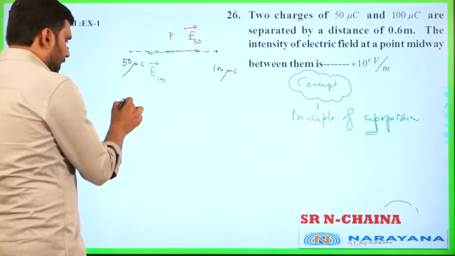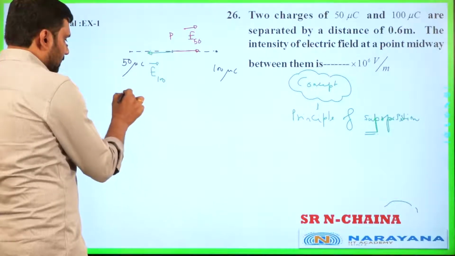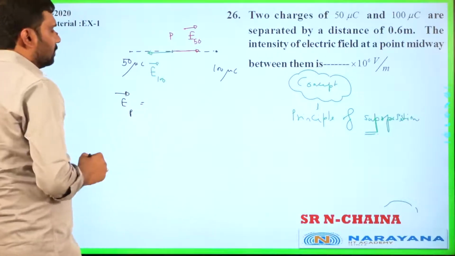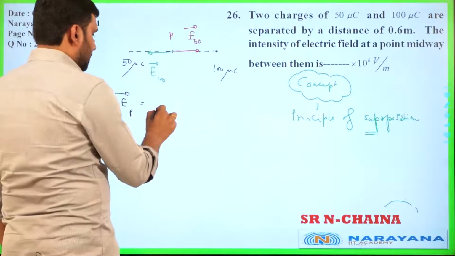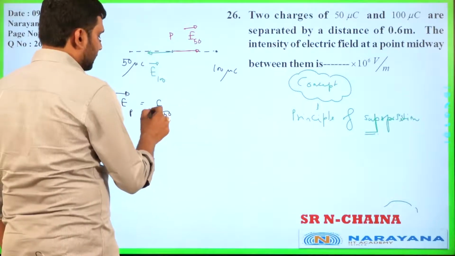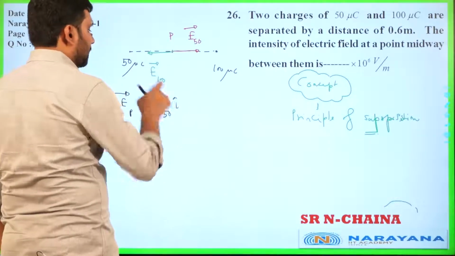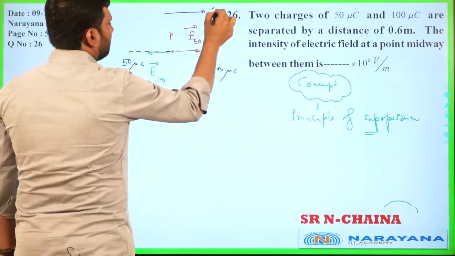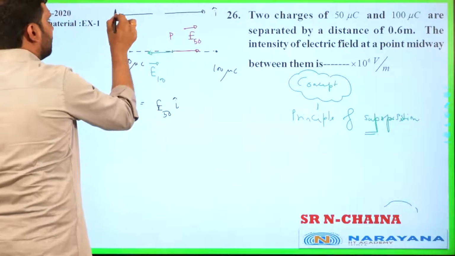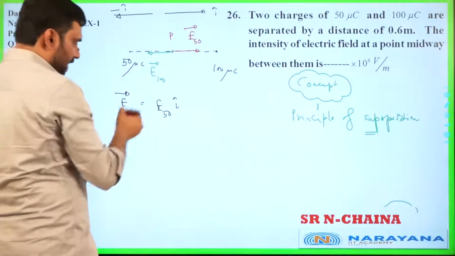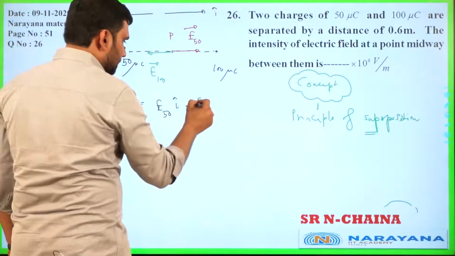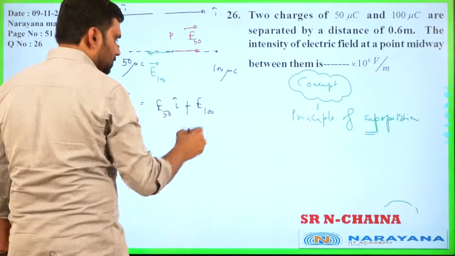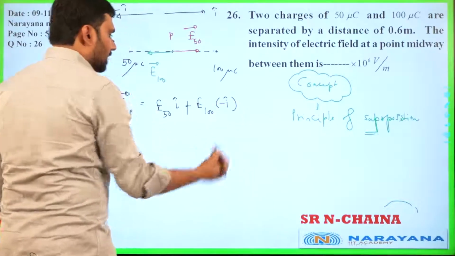So electric field at point P vector is equal to, we can write E due to 50 I cap, because it is along positive x axis. So this is the direction of plus I cap and this is the direction of minus I cap. So E due to 50 minus E100, or plus of this minus I cap.